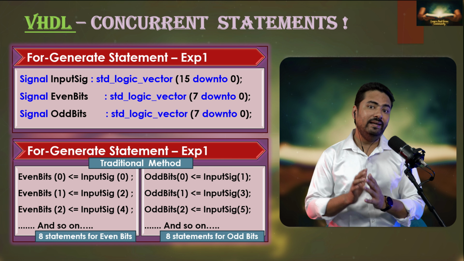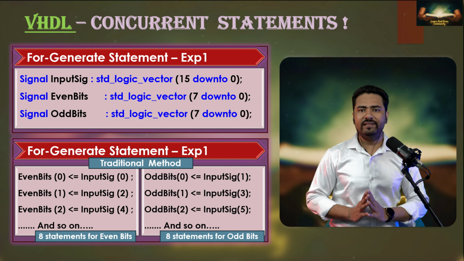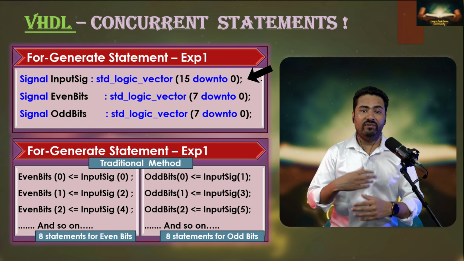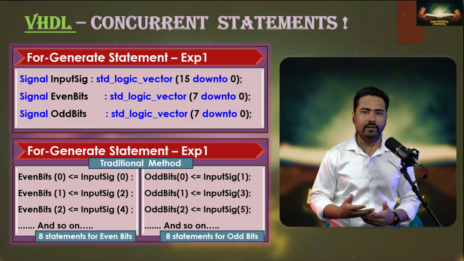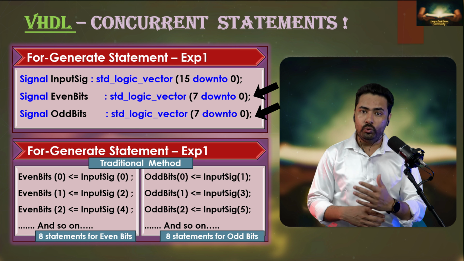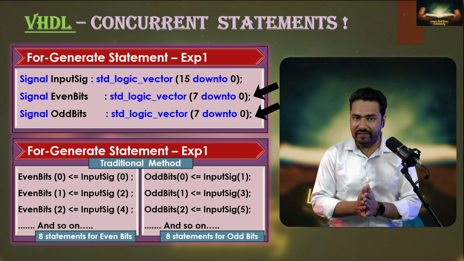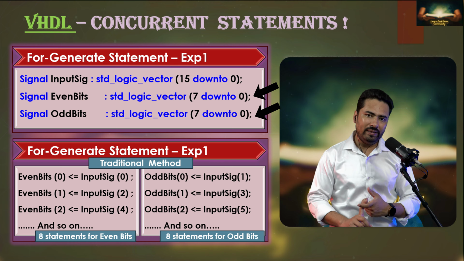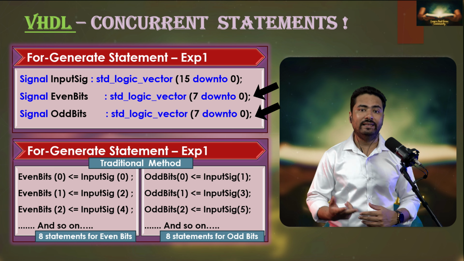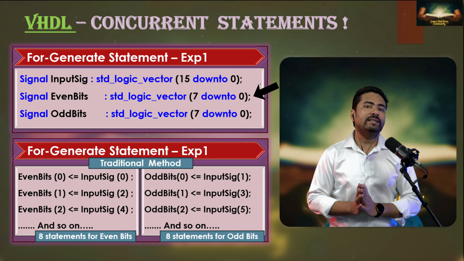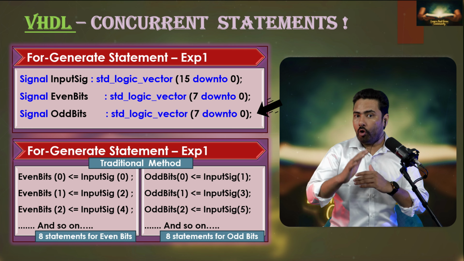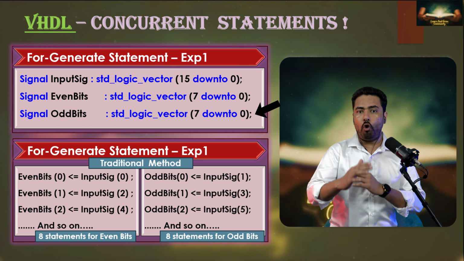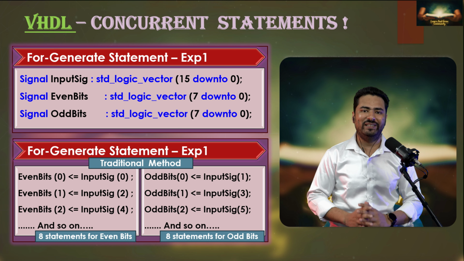To understand this in a little more detail, let's consider an example where you have a 16-bit std_logic_vector signal named input signal, and you want to create two 8-bit std_logic_vector signals named even bit signal and odd bit signal. So the even bit signal will capture the even numbered elements from the input signal, and the odd bit signal will capture the odd numbered elements from the input signal.